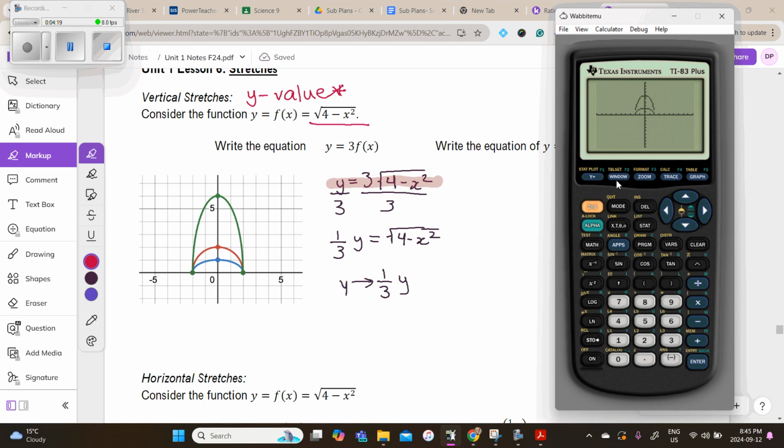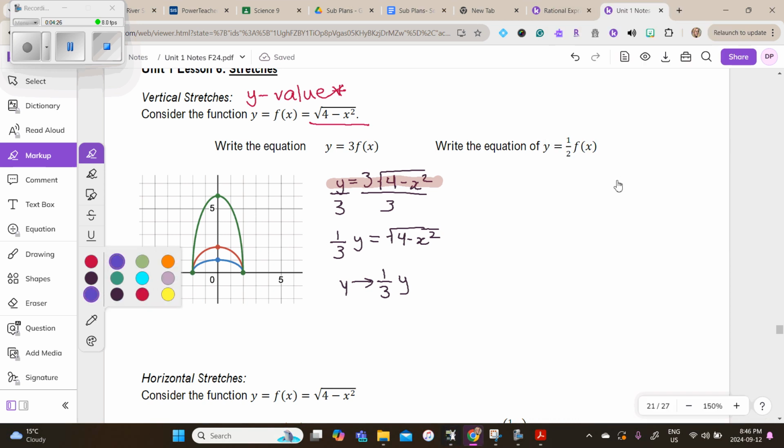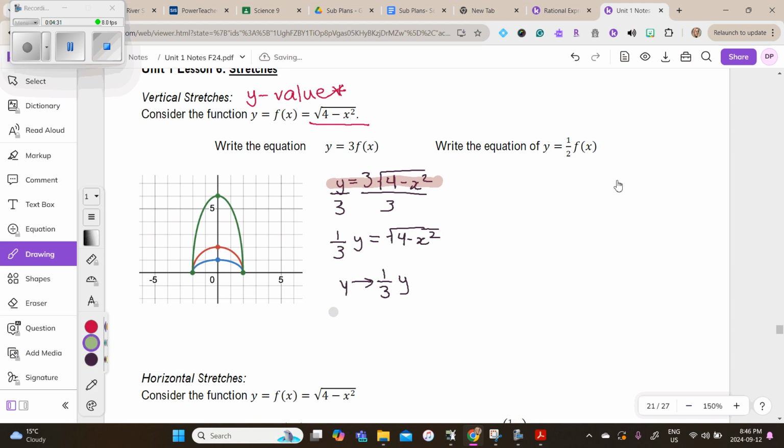So what that means is that when I take y and replace it with 1 over 3 y, I get a vertical stretch. Therefore, vertical stretch by a factor of 3.